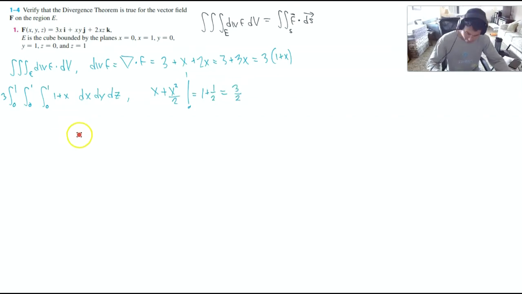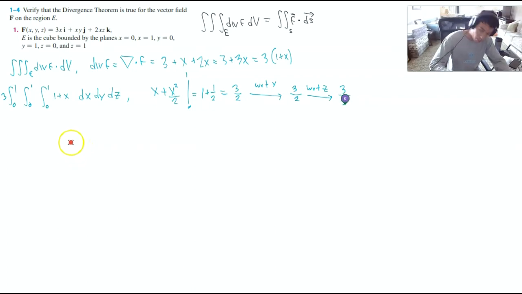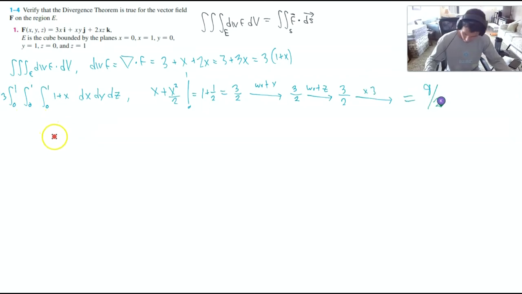And then when we integrate again with respect to y, we notice we have no y, so it's still 3/2. Then we integrate with respect to z, and we have no z, so it's 3/2. Now we have our constant on the outside, so we multiply by 3 and get 9 over 2.